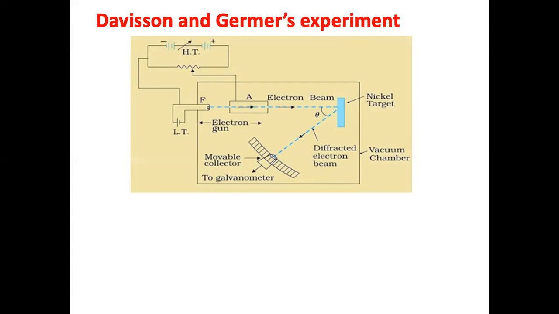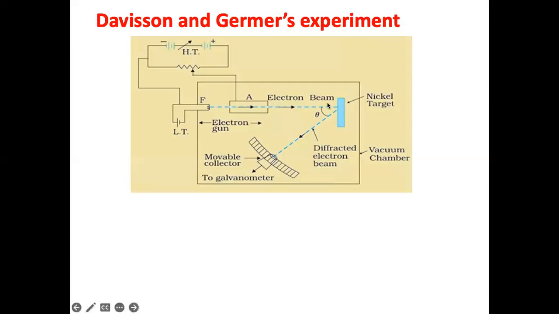This pencil beam of electrons moves with a high acceleration. This acceleration is given by the high tension battery, which is connected with the accelerator.